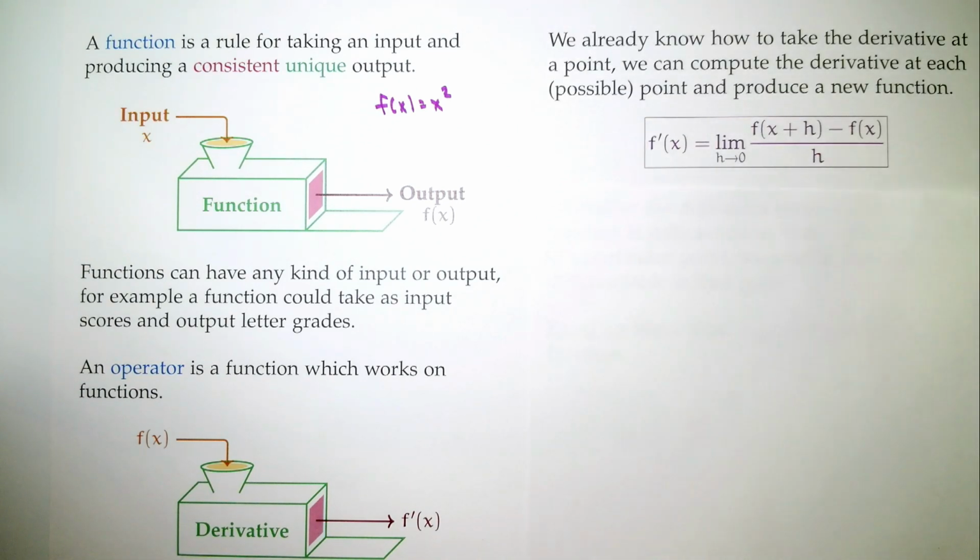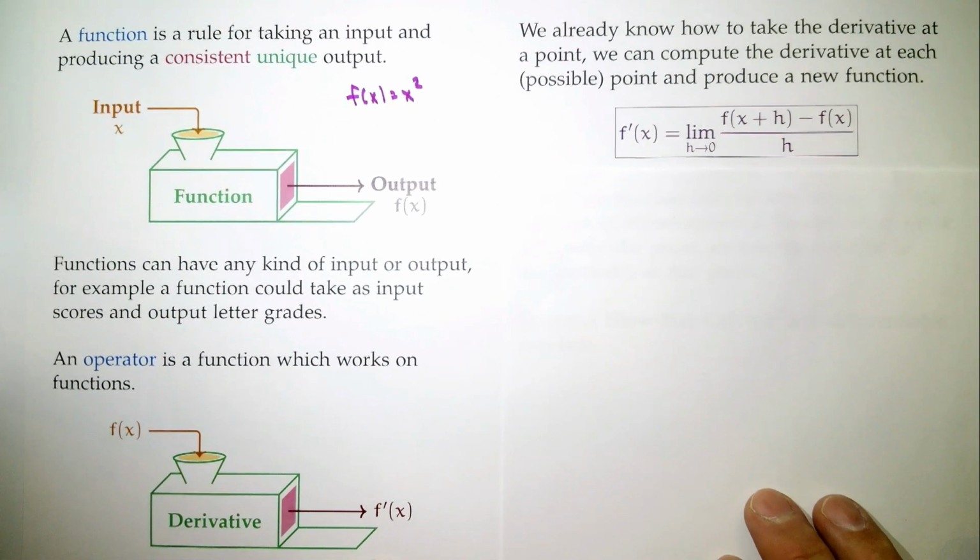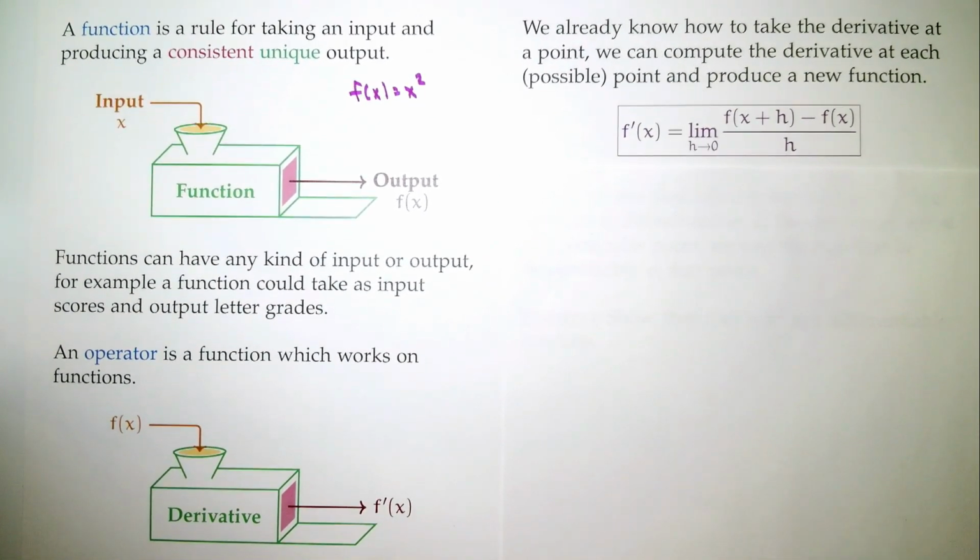So last time, we did talk about the derivative, but when we talked about the derivative, we really said, okay, let's talk about the derivative at a single point. So in other words, what's the derivative at 1, which is the same as saying what's the slope of the tangent line at 1? What's the derivative at 5? What's that slope of the tangent line at 5? But we can say, all right, look, let's not just worry about one particular point.